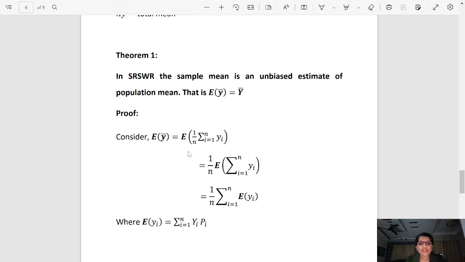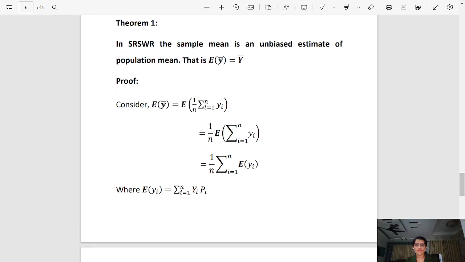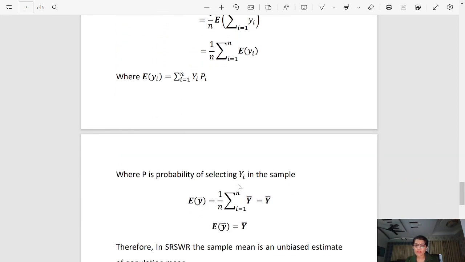If we take the small n outside of the expectation, the value becomes 1 upon n expected value of summation of yi, and the summation is also taken outside, then the expectation goes in, so we get the expected value of yi, and the expected value of yi is, by using the formula, summation of yi into pi, where pi is the probability of selecting yi.